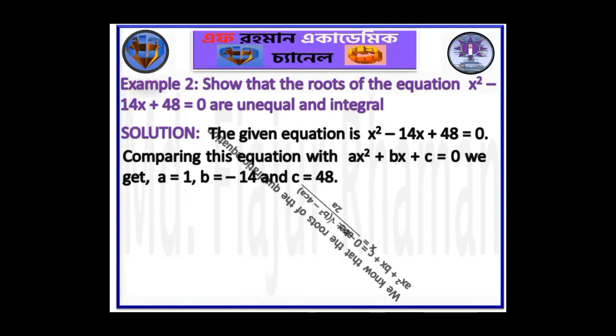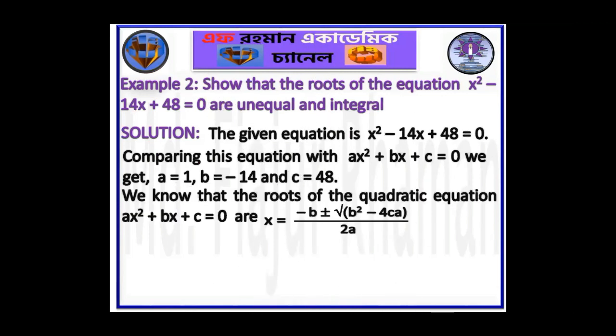In the same way, we can have a is equal to 1, b is equal to minus 14, and c is equal to 48. And we know that the roots of the quadratic equation ax square plus bx plus c is equal to 0 are x equal to minus b plus minus square root of b square minus 4ac by 2a.